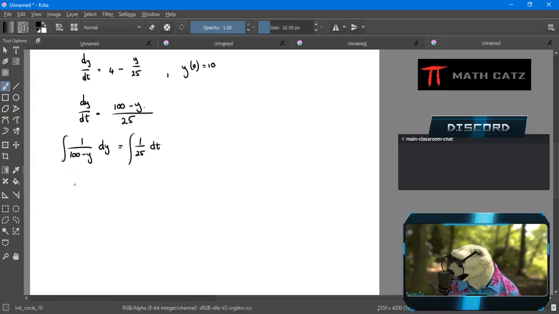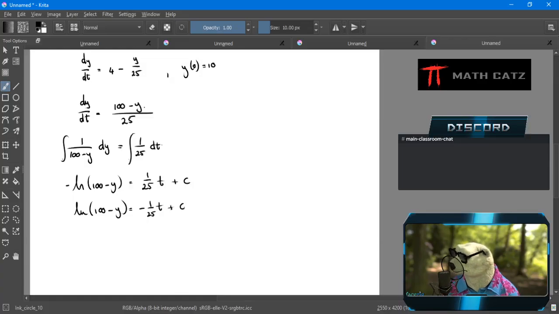Integrate both sides. So I get natural log 100 minus y, but with a negative, 1 over 25 t with my integration constant. So natural log 100 minus y is going to be negative 1 over 25 t plus a different integration constant.